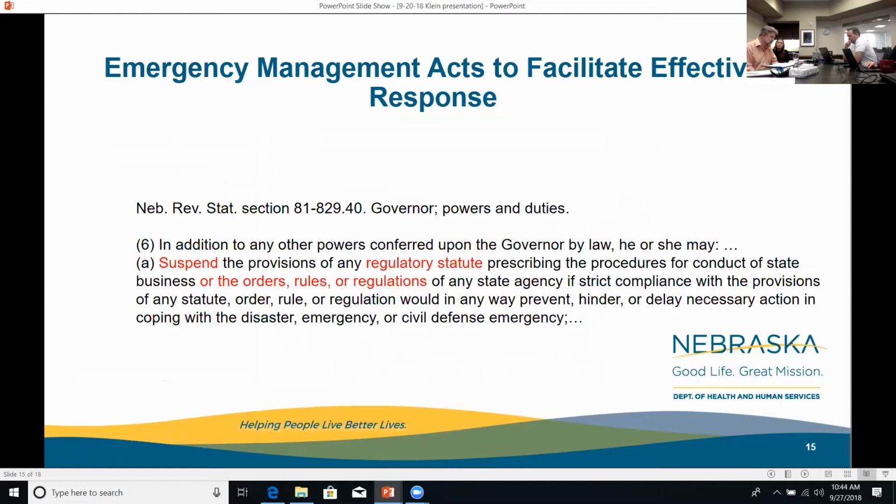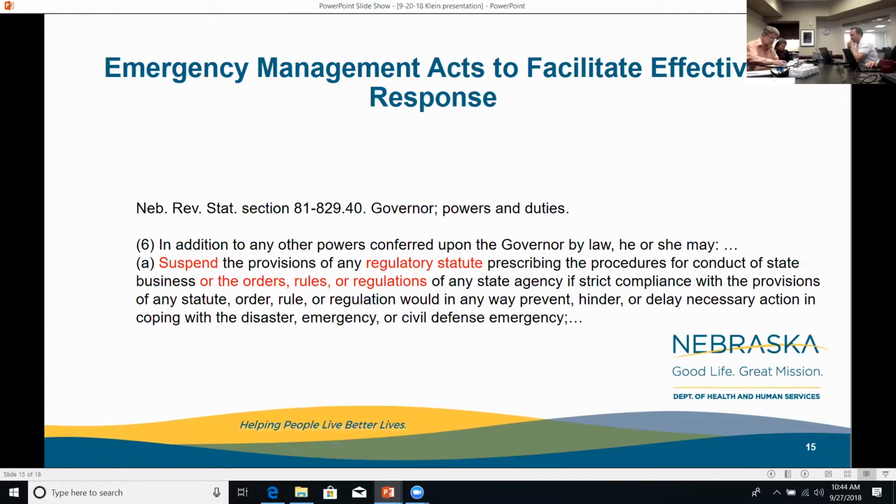This was all theoretical when we were putting it out, but in subsequent emergencies, Superstorm Sandy, New York used a similar provision to increase the number of trained healthcare professionals to get a wider pool to carry out some acts that normally would have been restricted to a smaller group of people.